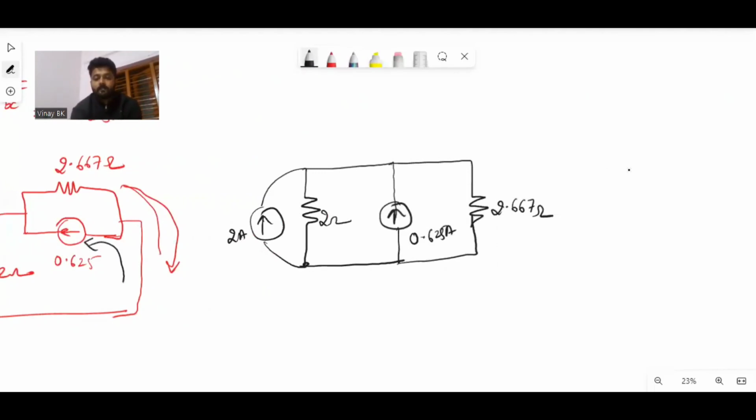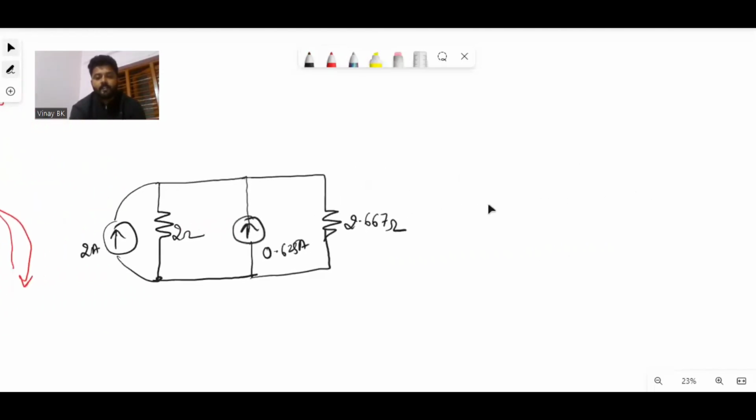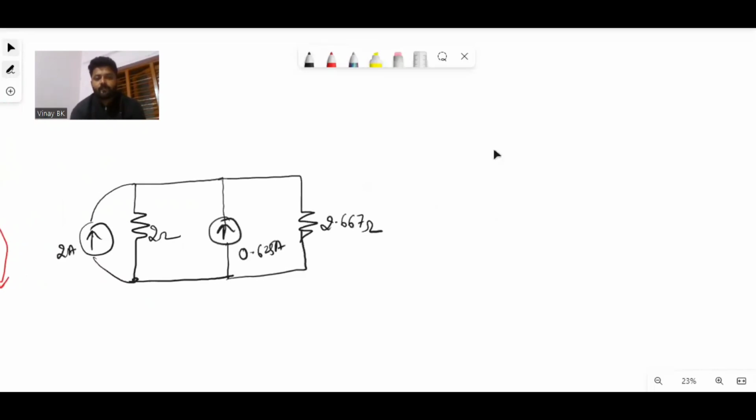So you get 2 plus 0.625, same direction, that is upward, so 2.625 amperes upward. I'll write as it is.